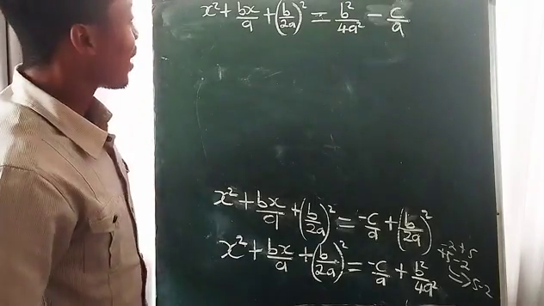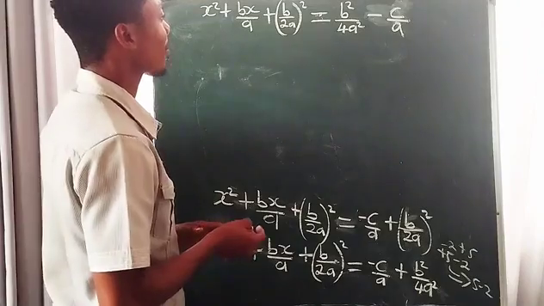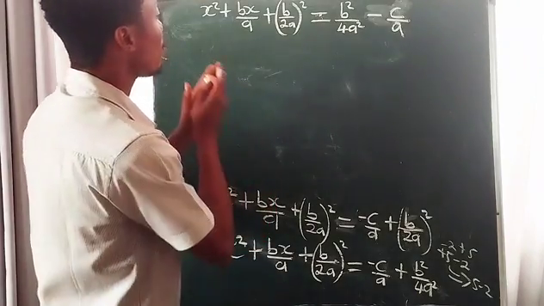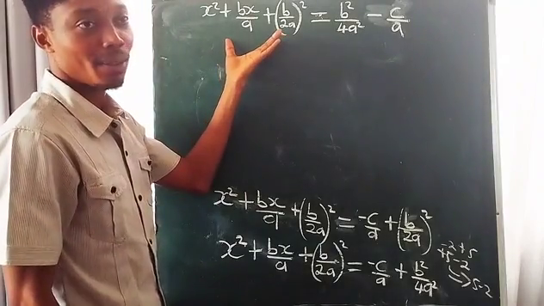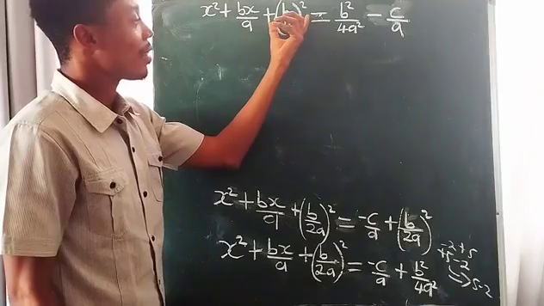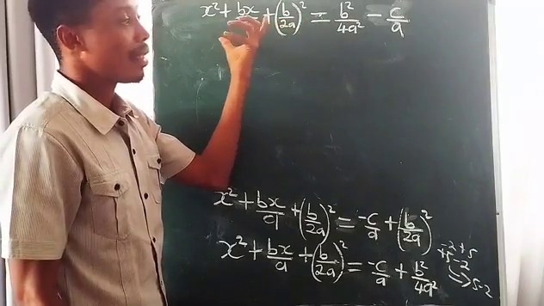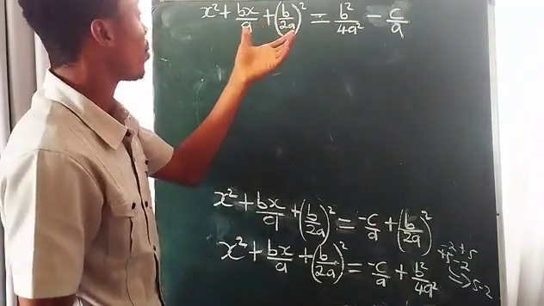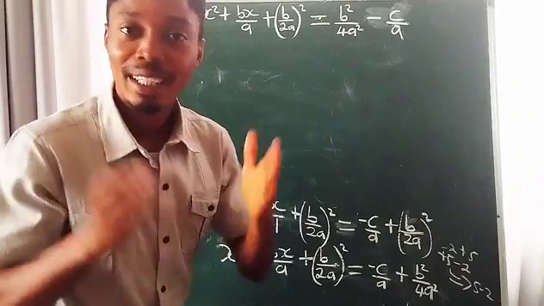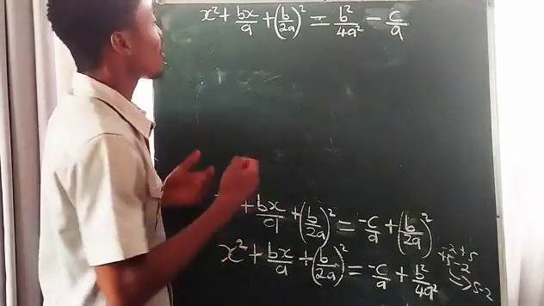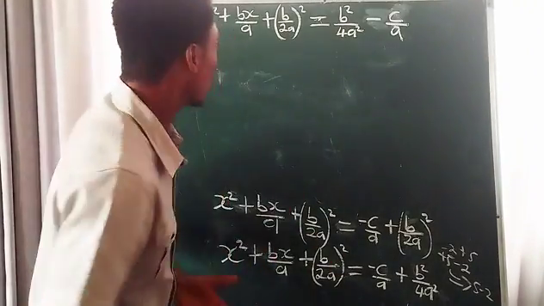So the next thing we're going to do is factorize the left hand side. Using this to complete the square means that we have successfully made the left hand side a perfect square, and factorizing a perfect square is quite simple. So how do I factorize the perfect square?